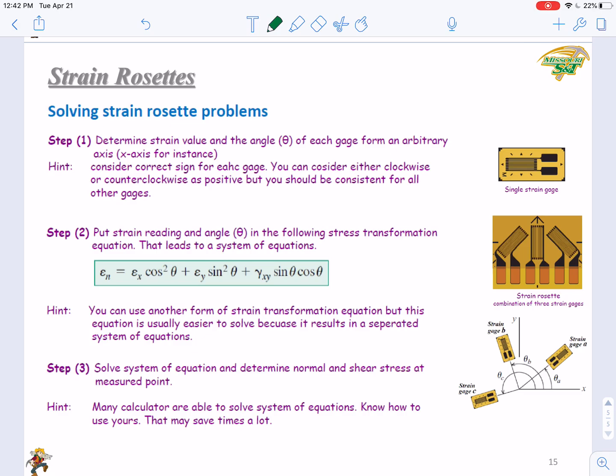As I mentioned, you can also use the other form, the strain transformation equation, but the calculations will be very complicated. You will not want to use it. So this form is much easier. The last step, you just solve the equation group to find the three quantities you need to define the strain status at the point. Those are epsilon x, epsilon y, and gamma xy.